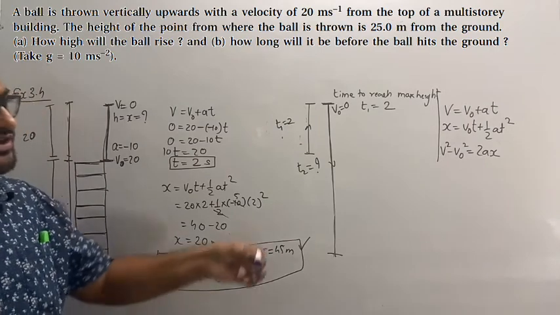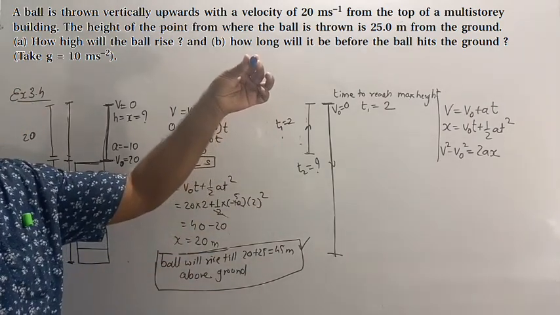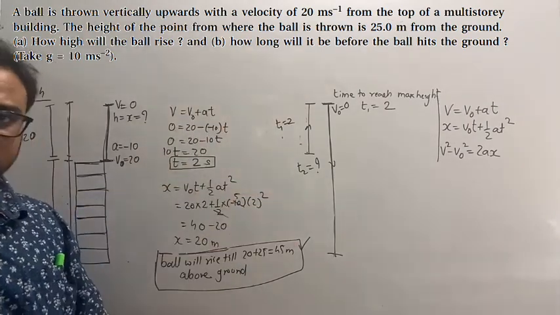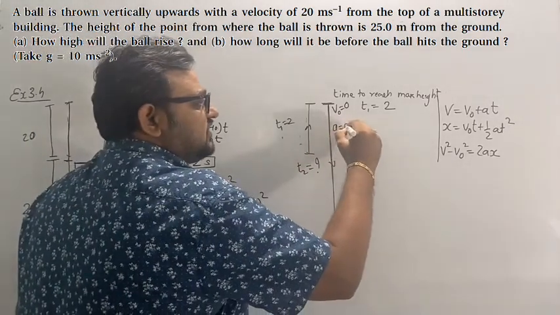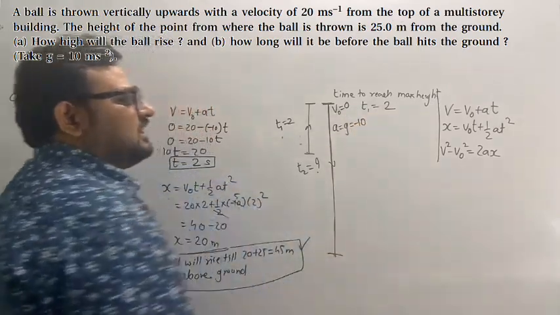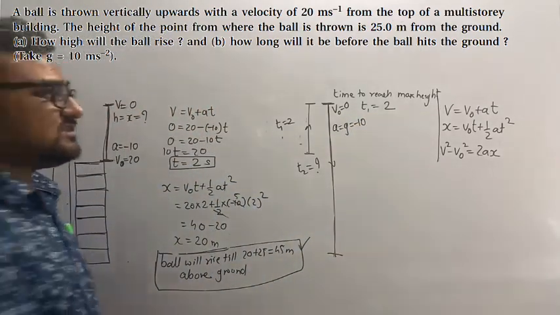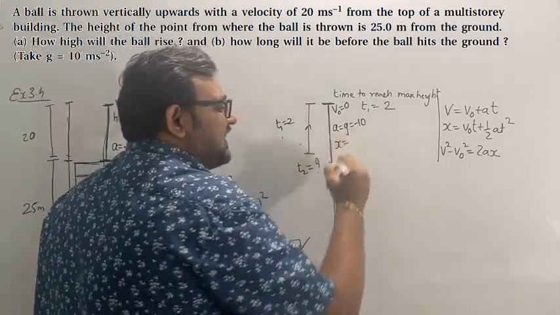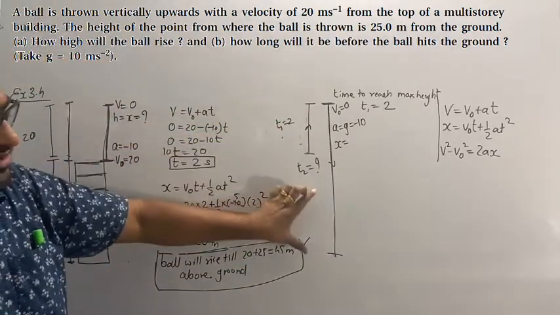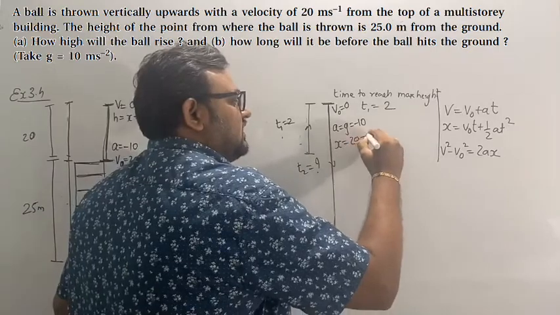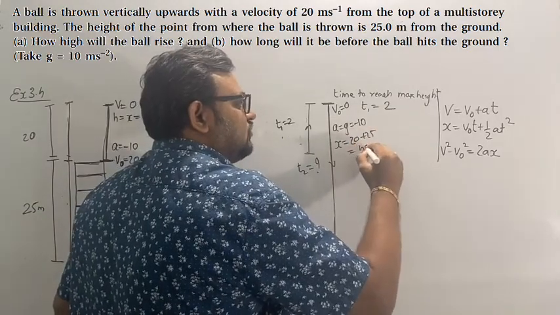Because the ball was reaching this position. Now velocity 0, coming back. Clear? What is the acceleration? g, and that is equal to minus 10. What is the displacement, or what is this height? 20 plus 25, that is equal to 45.